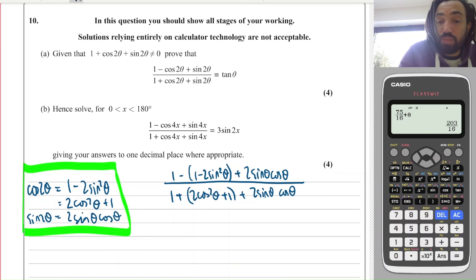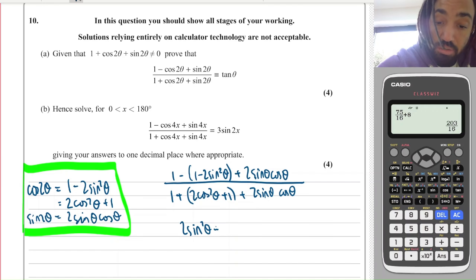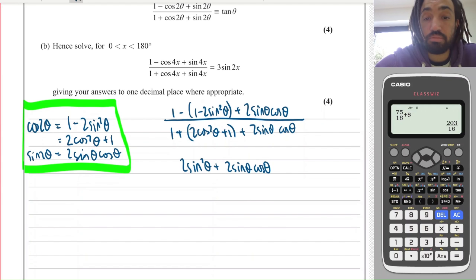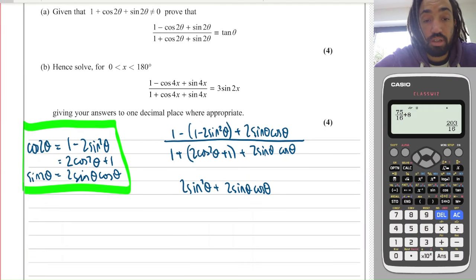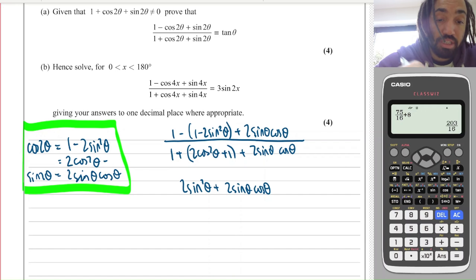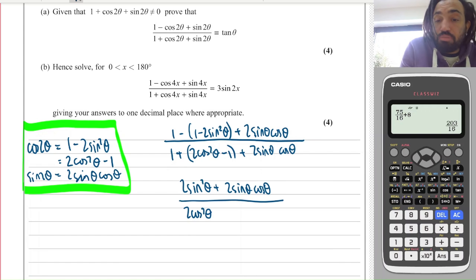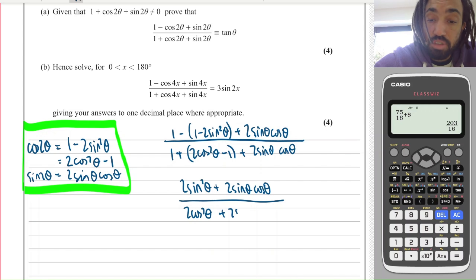And then if we expand that out, I'm going to get 2 sine squared on top. And I'm going to get, oops, sorry, I made a mistake there. That should be a -1. It's cos squared -1. So we get 1 minus 1, that's 0. So that's going to be 2 cos squared theta on the bottom, and we're going to get plus 2 sine cos.